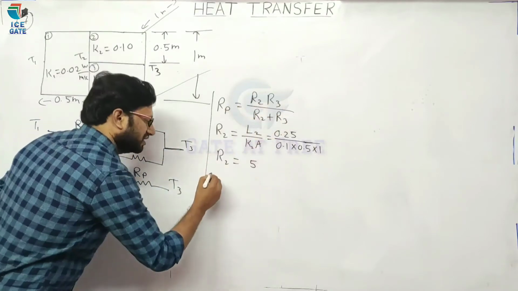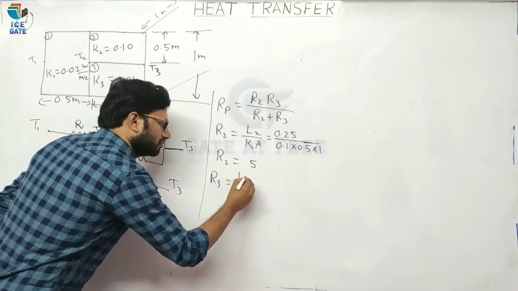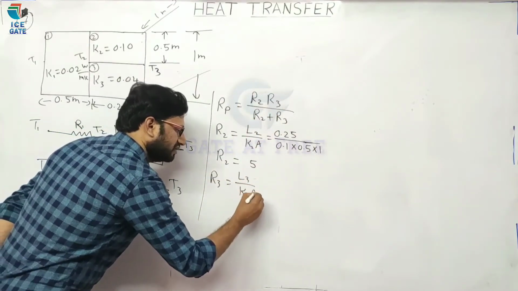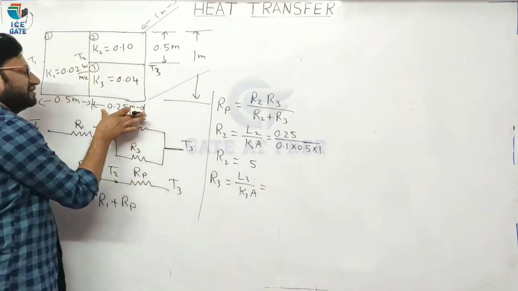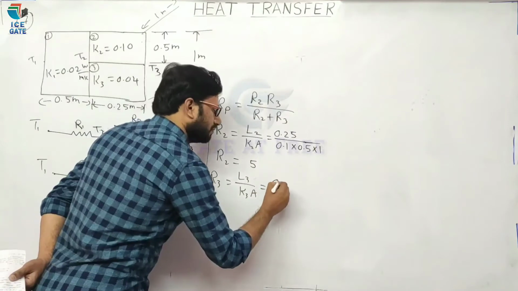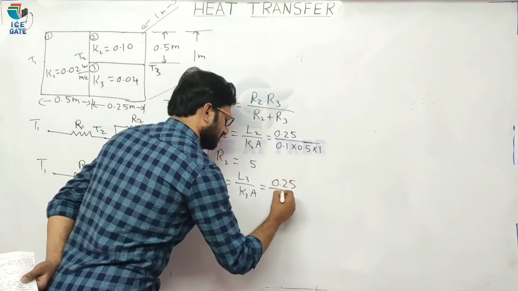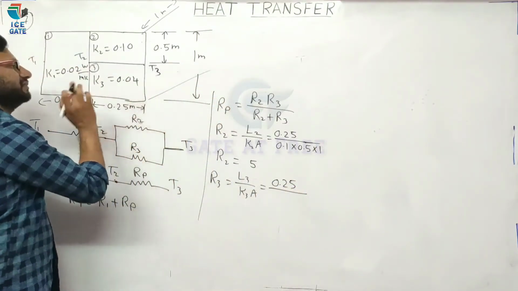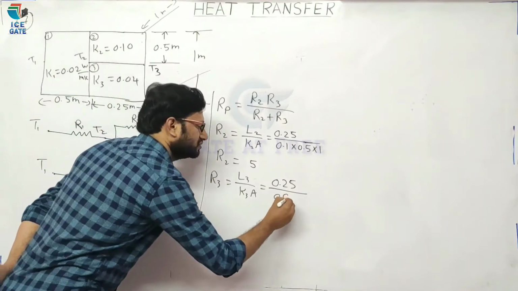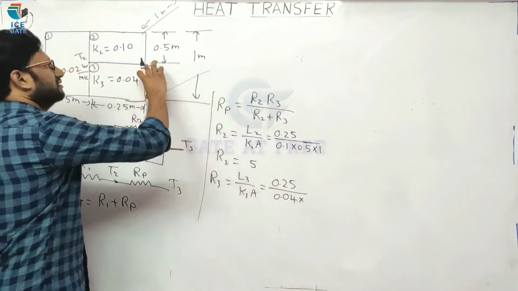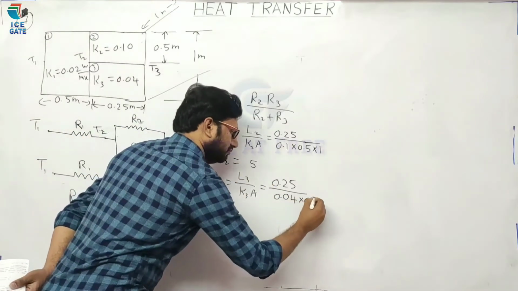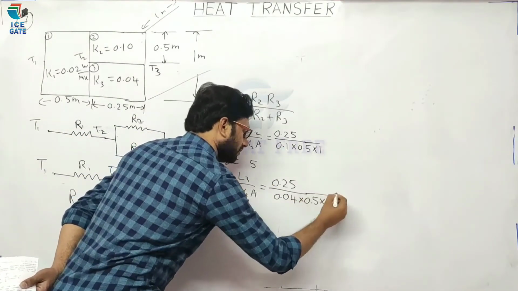Now calculate R3. R3 is equal to L3 by K3 into area. Now what is L3? L3 is also same. 0.25 divided by thermal conductivity of the third material is 0.04 into 0.5 into 1.